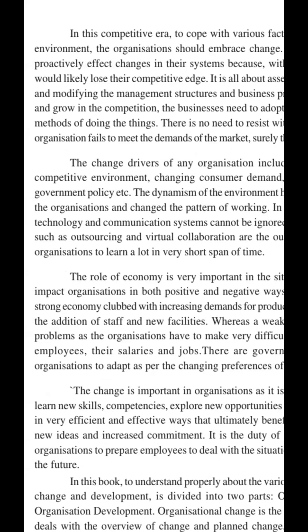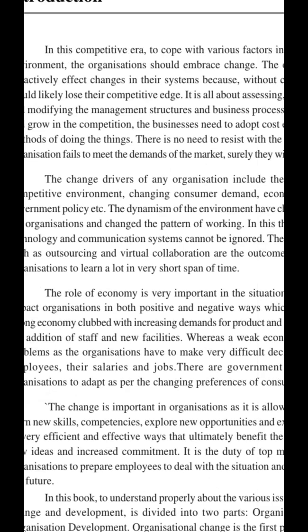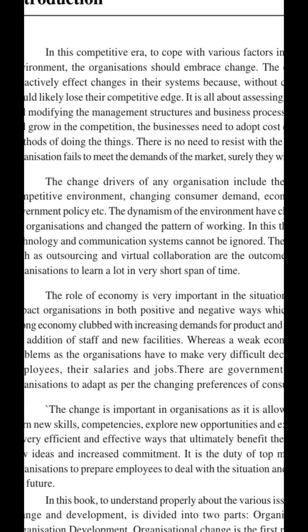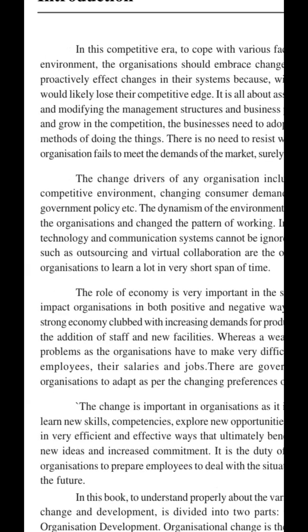There is no need to resist change, because if organizations fail to meet the demands of the market, surely they will lose their customers.